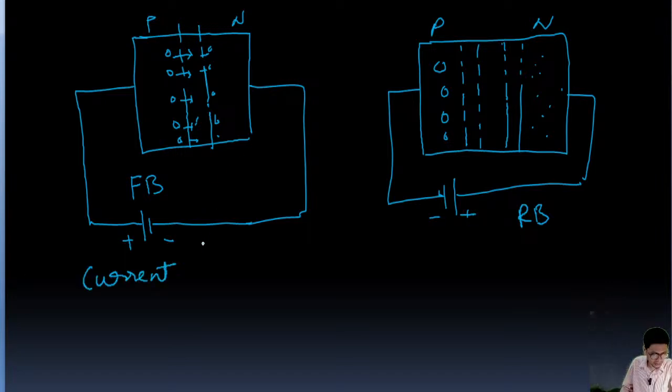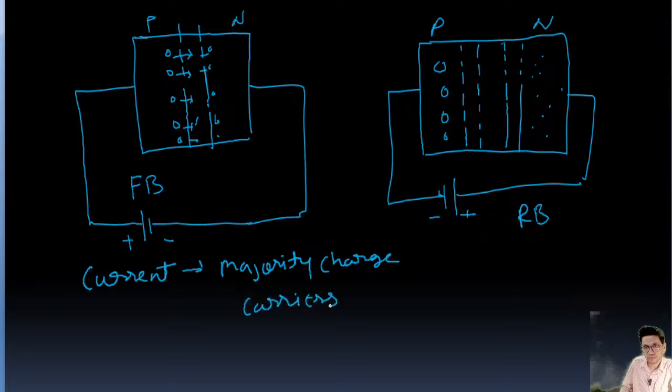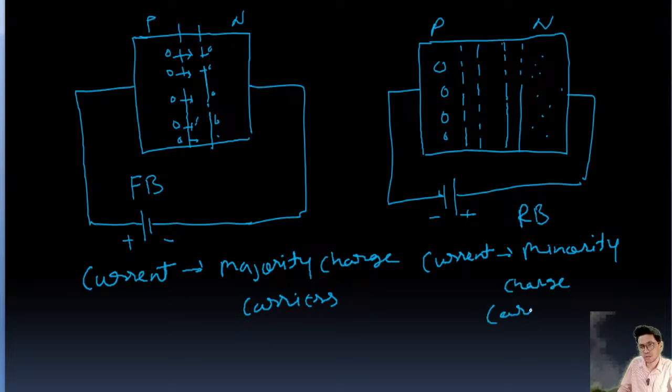So in forward bias the current is because of majority charge carriers, and here the current is because of minority charge carriers in the case of reverse bias.